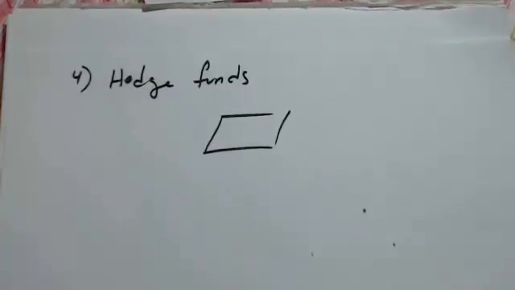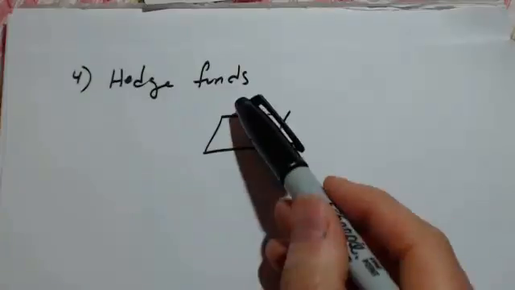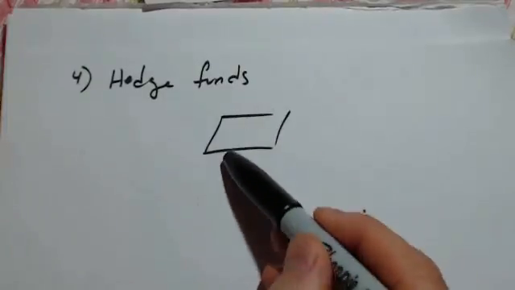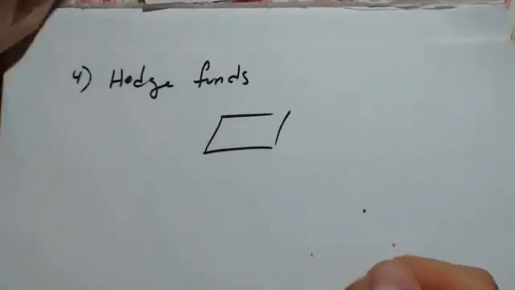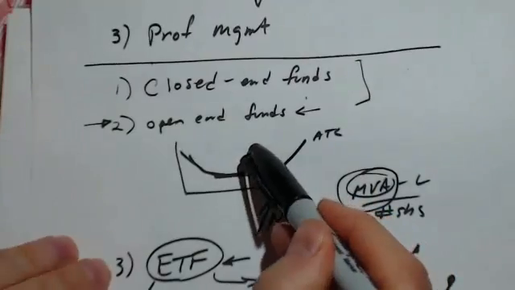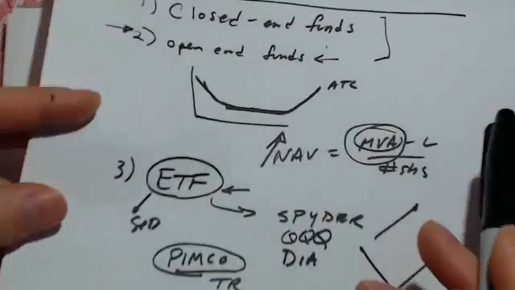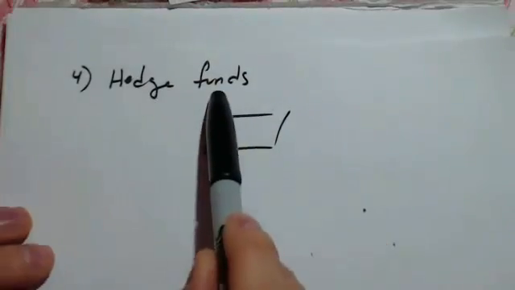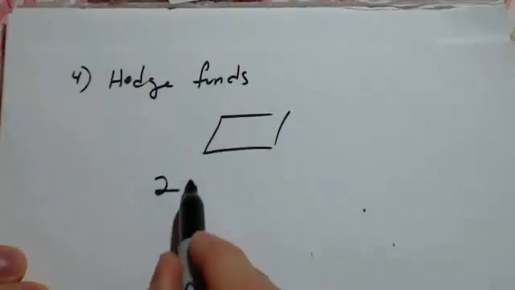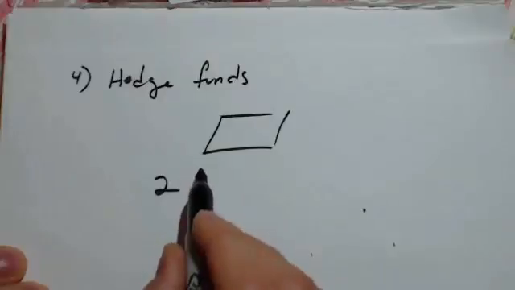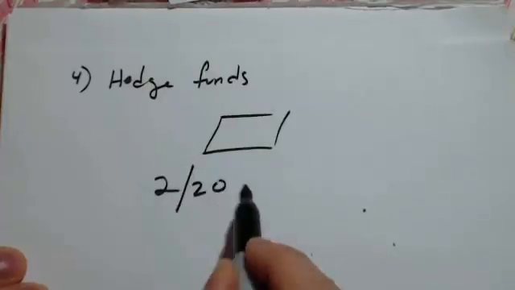Now, one thing about hedge funds that we should talk about is the fees associated with them. I'm going to talk about fees of closed-end funds and open-ended funds in a little while, but I want to talk a little bit about the fees in charge here. Now, most hedge funds, the typical fee is called a 2 and 20 fee.